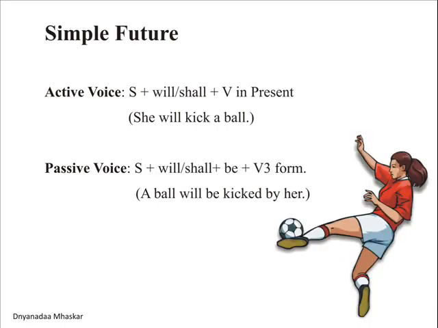The next tense is simple future. Let us see the form of simple future in active voice. Subject plus will or shall plus verb in present. She will kick a ball. Passive voice, the form of passive voice in simple future: subject plus will or shall plus be, the base form of the verb be, plus V3 form. A ball will be kicked by her.